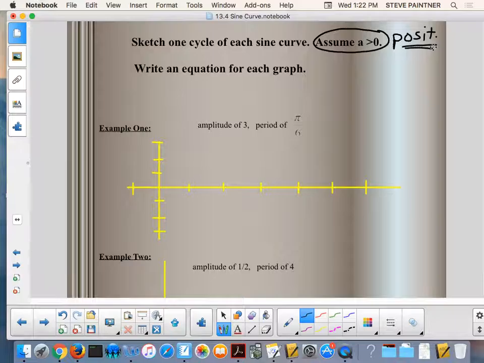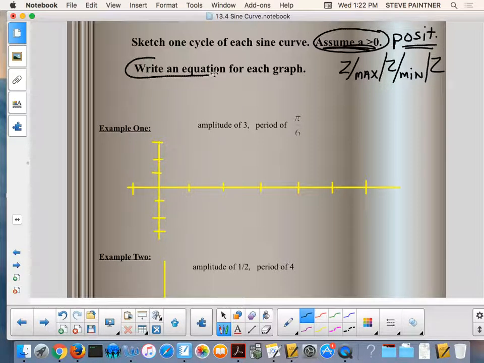If we assume A is positive, we're going to go where? 0, then where? Max, then where? 0. Then where? Min, then where? 0. So this is what they're trying to say when they say assume A is positive. If they would have said assume A is negative, you go minimum first.